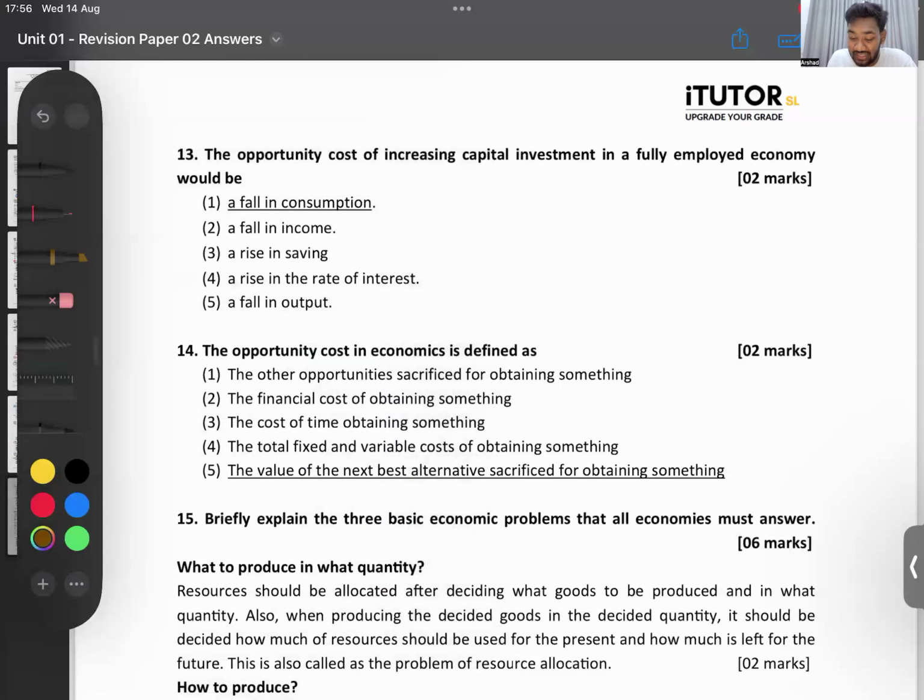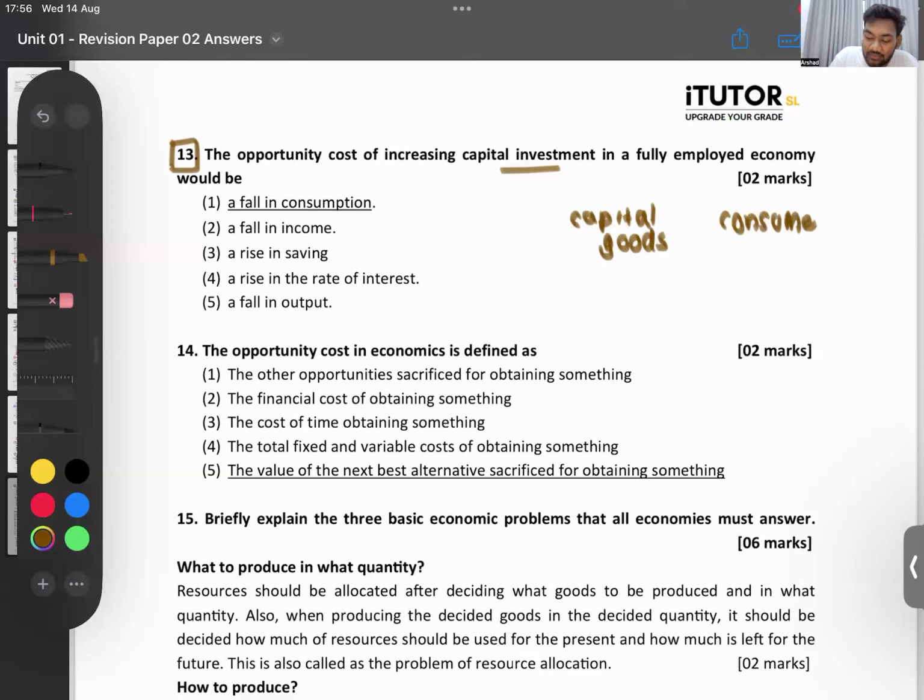What is the opportunity cost of increasing capital investment in a fully employed economy? What are the two types of goods a country can produce broadly? One is capital goods. Those are machines, factories, and all. The other type of goods are consumer goods.